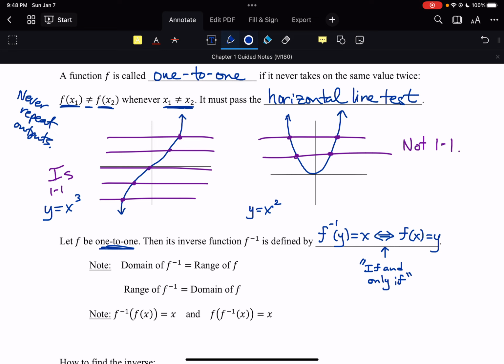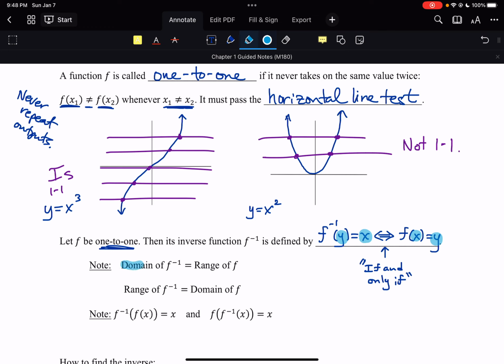Notice what happens here. In the original function, we have f of x equals y, so the inputs are x's, the outputs are y's. In the inverse function, the inputs are y's and the outputs are x's. Basically what the inverse is doing is switching everything up. It's switching the roles of input and output, the roles of x and y. And that can be seen in its domain and range as well.